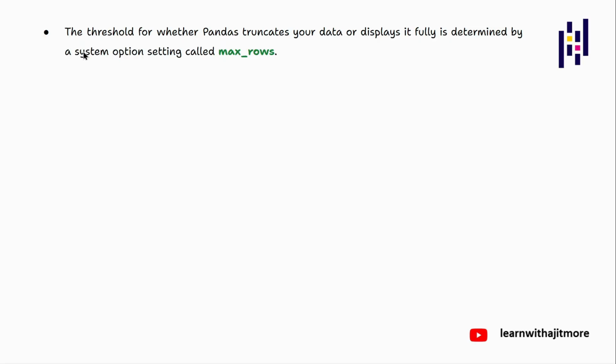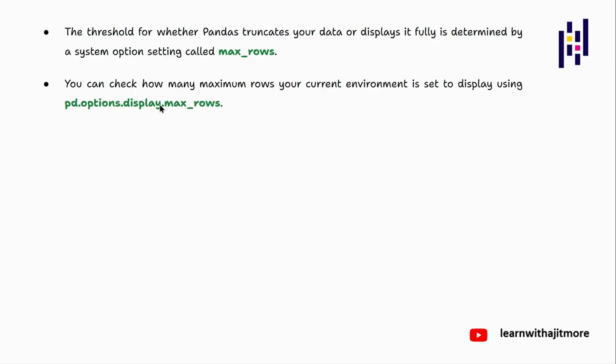The threshold for whether pandas truncates your data or displays it fully, whether it will show first five, last five, or everything, is determined by one system option called max rows. This is there in one module of your pandas library, and you can change that variable.